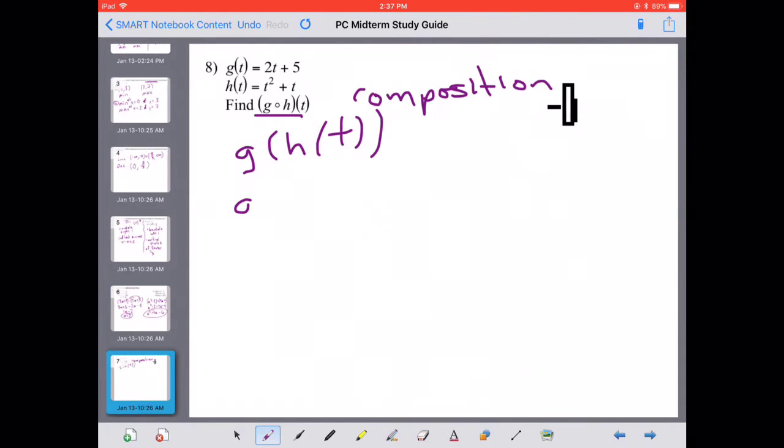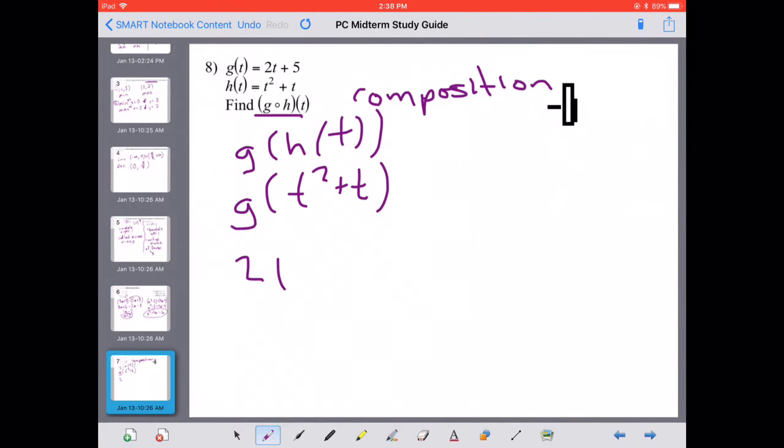Alright, so let's plug in h inside the parentheses. We always start to the right. So we have t squared plus t inside the parentheses. We're actually plugging that into g. And g here is 2 times t plus 5. So we're replacing any variable in g of t with our entire expression for h.